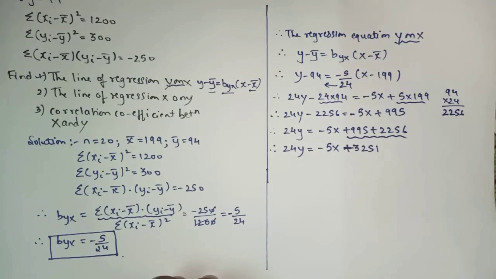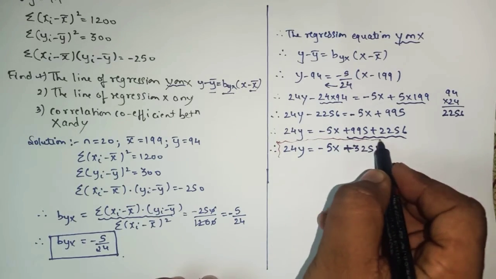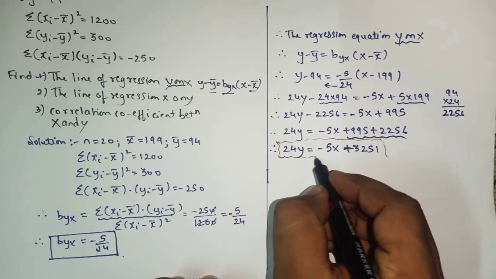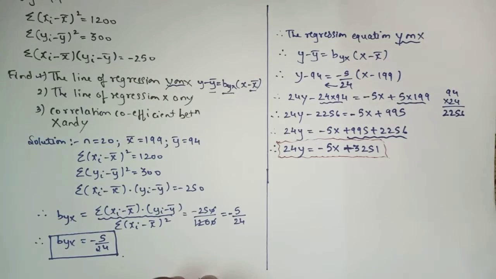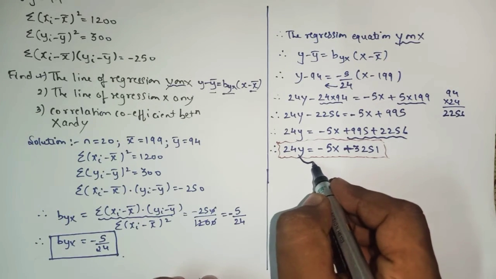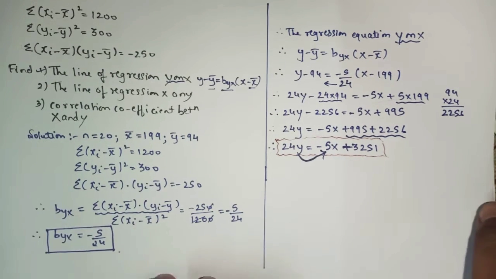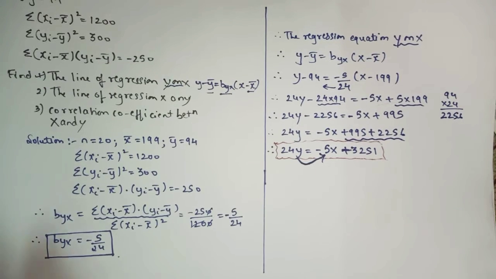So we got the regression equation y on x. Why is it y on x? Because on the left hand side y is there, and on the right hand side x and a number are there, so that's why it is y on x. Understood? So here we got the first part.